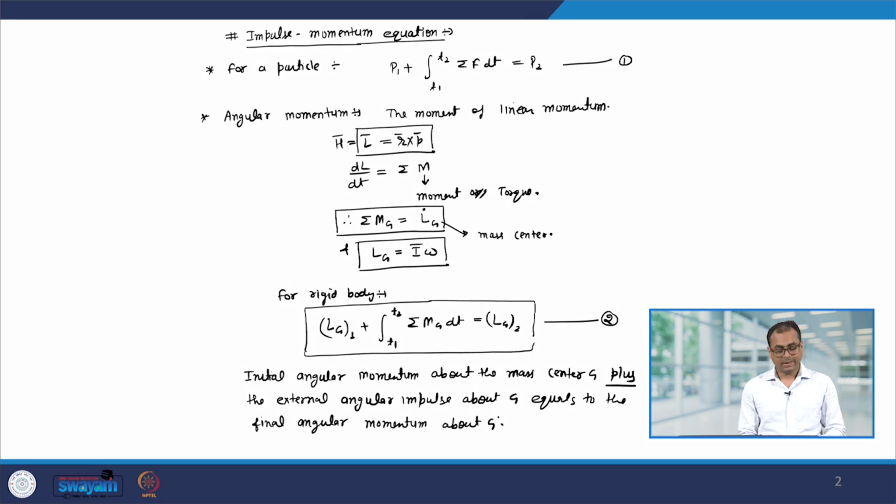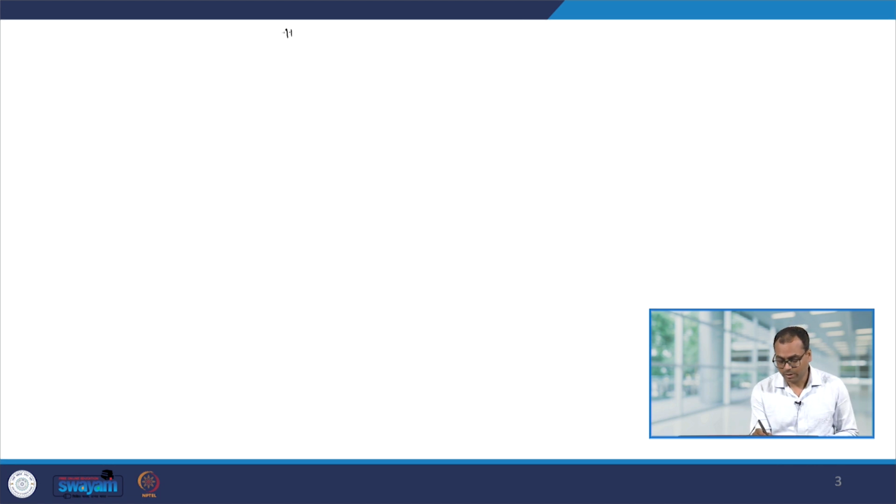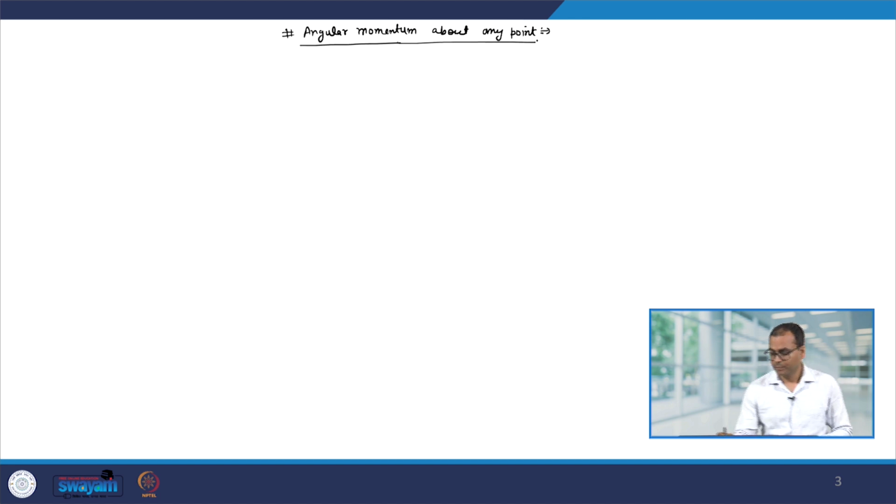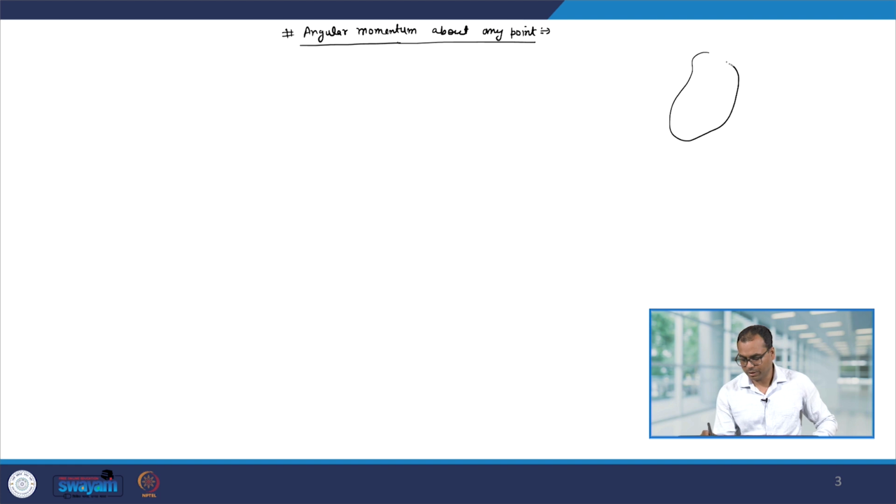Now, let us say we want to calculate the angular momentum of a rigid body about any point, which may be or may not be on the rigid body. Let us say we have a rigid body and this rigid body has a linear velocity of v.